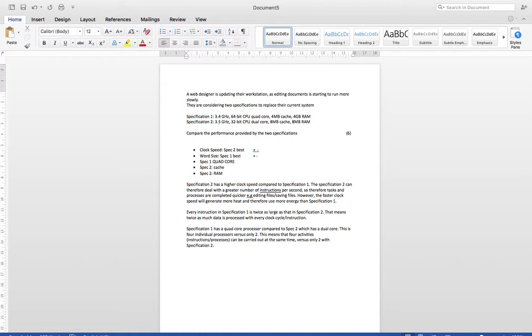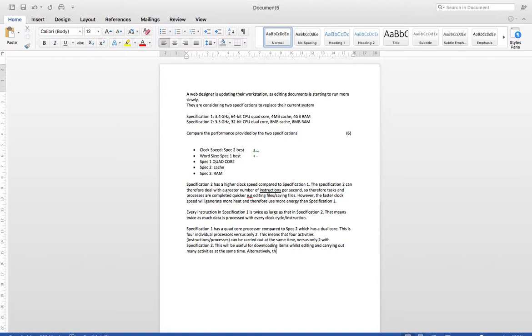Specification 2. This will be useful for downloading items whilst editing and carrying out many activities at the same time. Alternatively, again, I'm going into a real lot of depth. I wouldn't expect to see all of this, but if you had any of it, it would be useful.